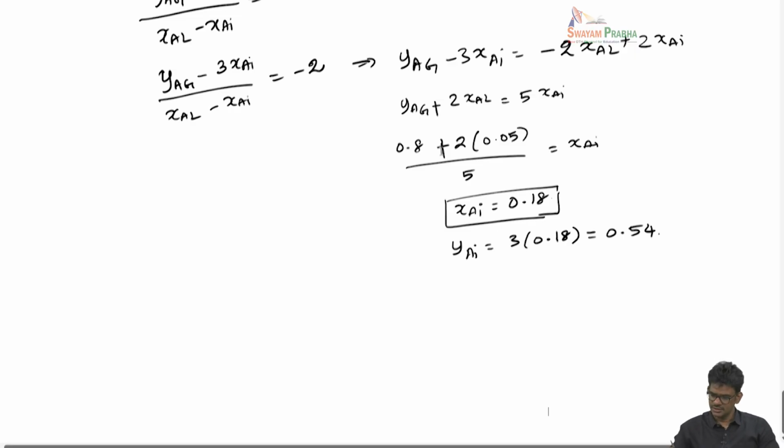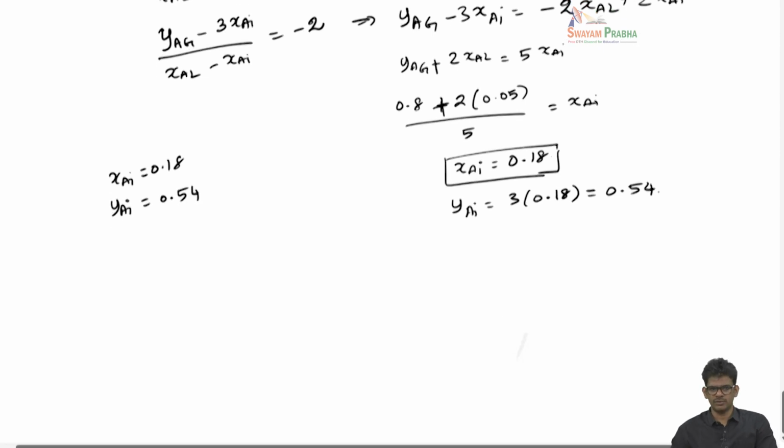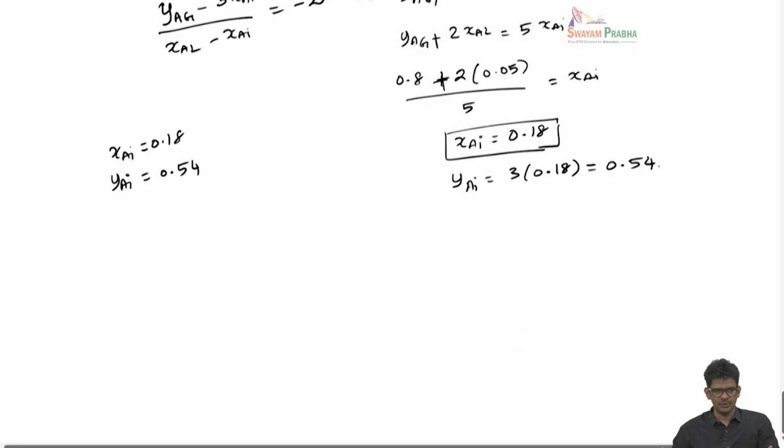You'll get a plus symbol here. And so basically you have got XAI, which is 0.18, and then YAI, which is 0.54. So the interfacial concentrations are known. Kx, Ky are also known. Okay, so now you can calculate NA in two ways.